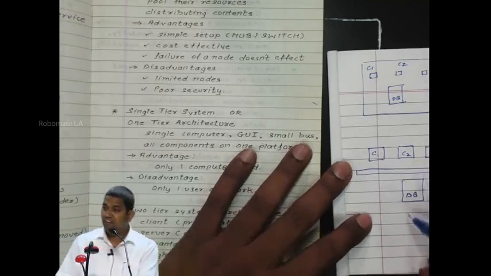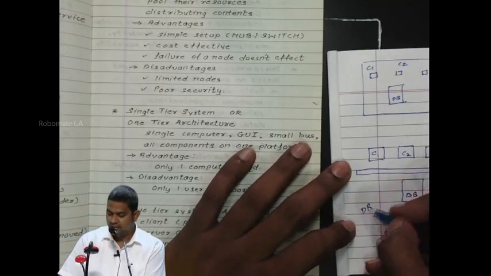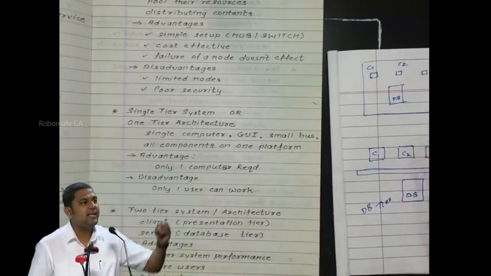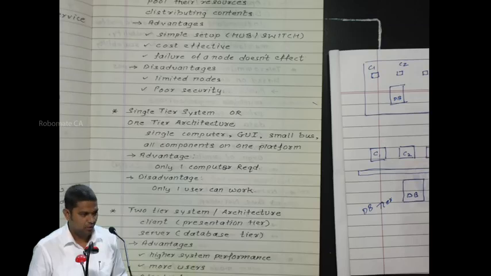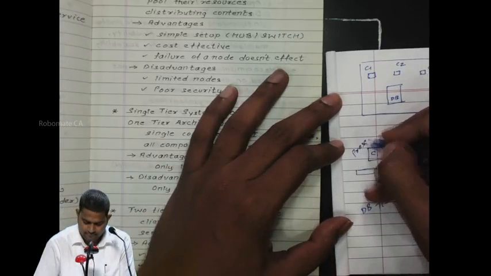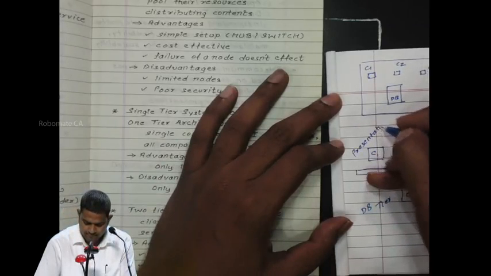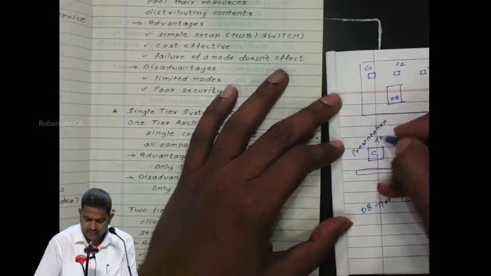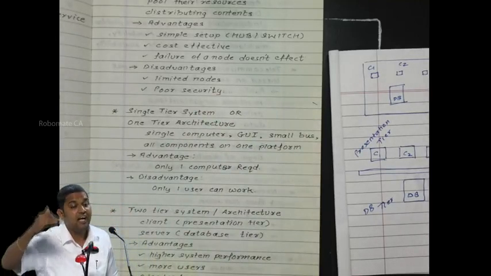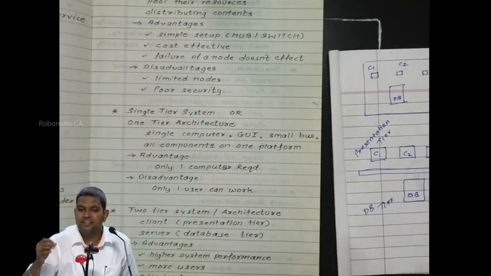Okay, so this first tier is called as the database tier, right? And this is actually interacting with the customers. Okay, so we call this as presentation tier, because it is interacting directly with the last person, that is the customer.